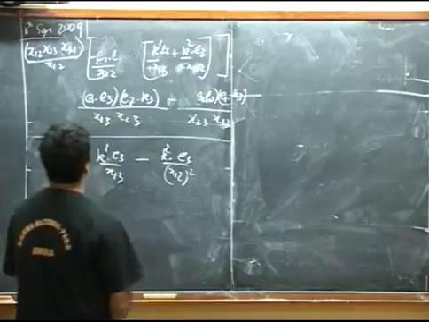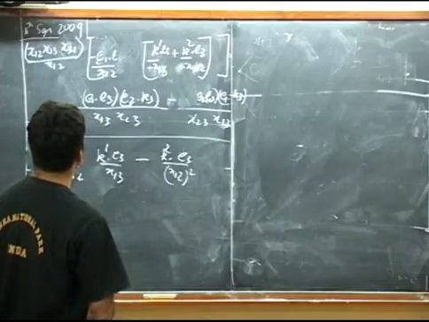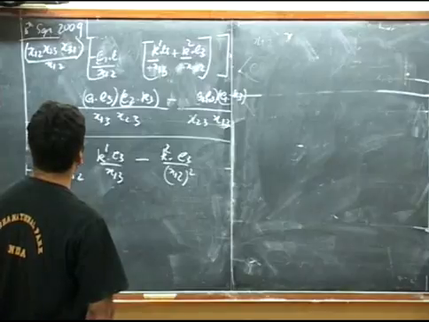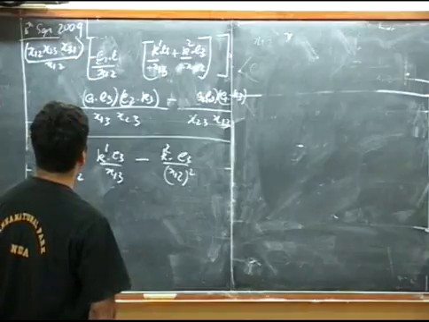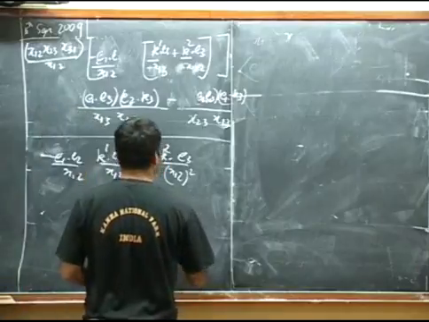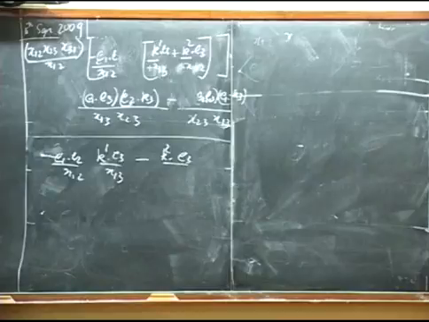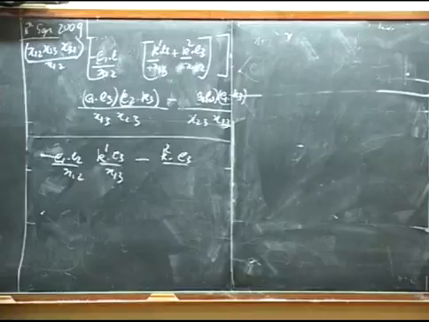Is that really 1, 2? That was 1, 2, 3. That was x23.